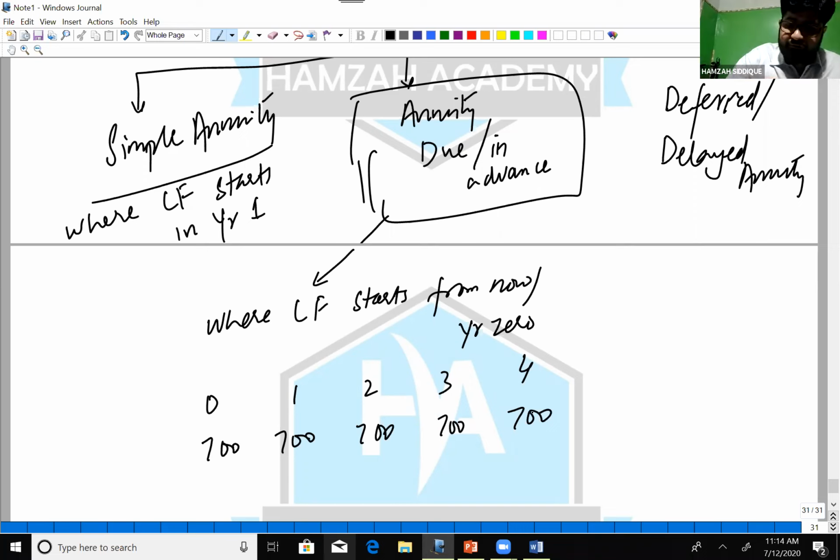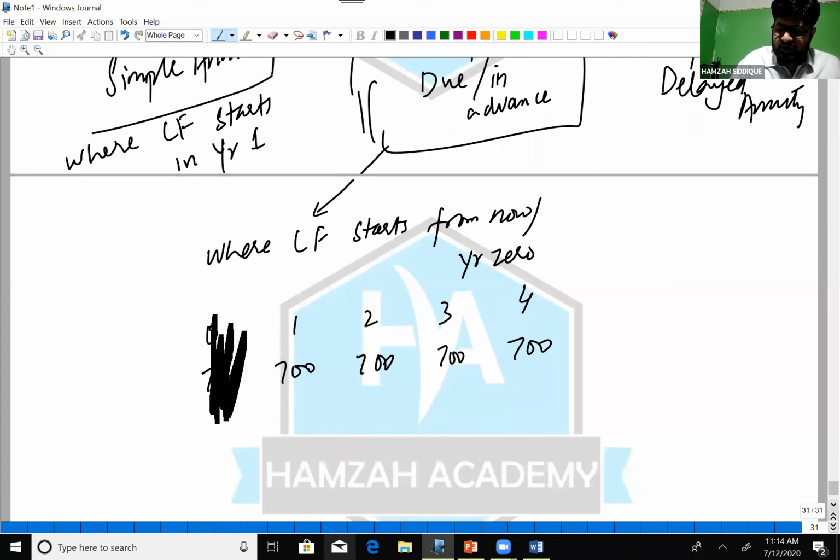If we forget this, this is a simple annuity, and for this we know annual cash flow cross annuity factor, same formula.